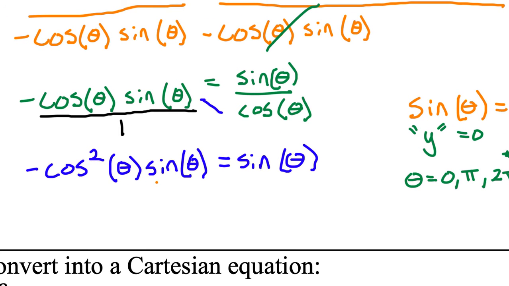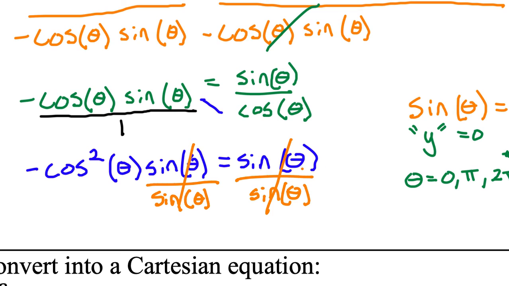Now divide both sides by sine of theta, and those cancel out, leaving 1 on the right-hand side. This is saying negative cosine squared theta is equal to 1.